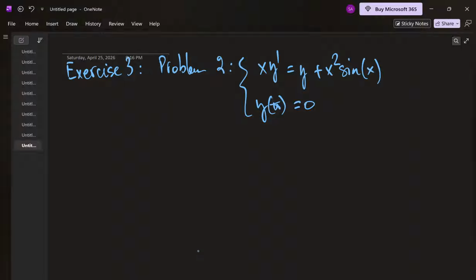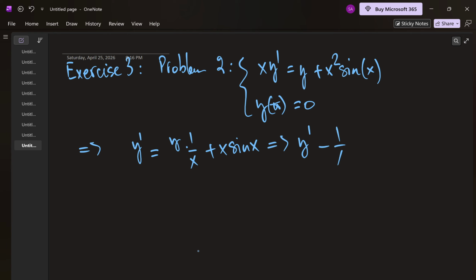So now we divide by x, we get that y prime is equal to y times 1 over x plus x sine x, and when taking y to the other side we have y prime minus 1 over x times y is equal to x sine x, and this is p of x and this is q of x.